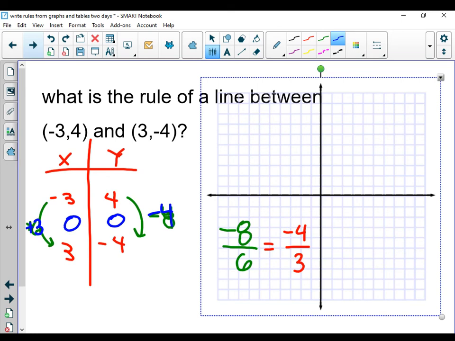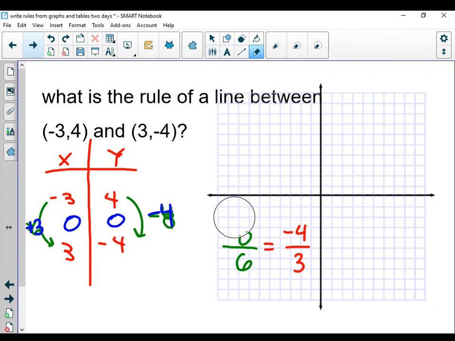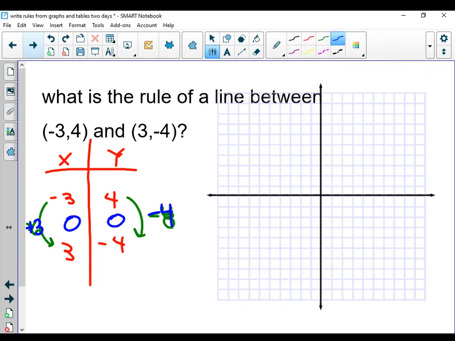I think I needed that. That's my y-intercept.